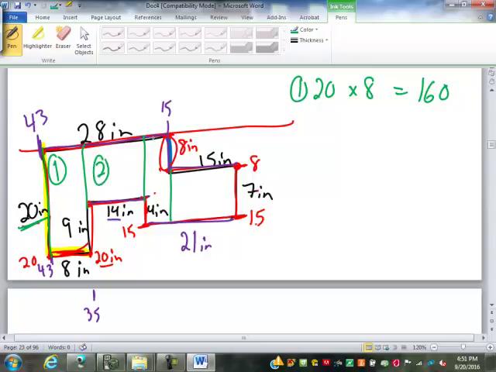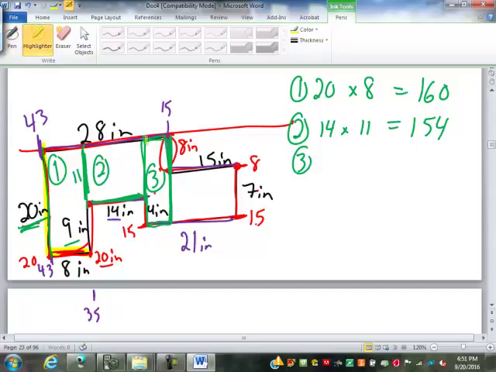What's this second rectangle here? I know this is 14. This is 20 minus 9 makes it 11, right? How about this one here? Call that rectangle 3.